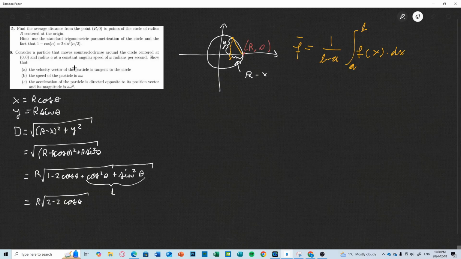But as you can see in the hint, it says that 1 minus cos of alpha is equal to 2 sine squared alpha divided by 2.